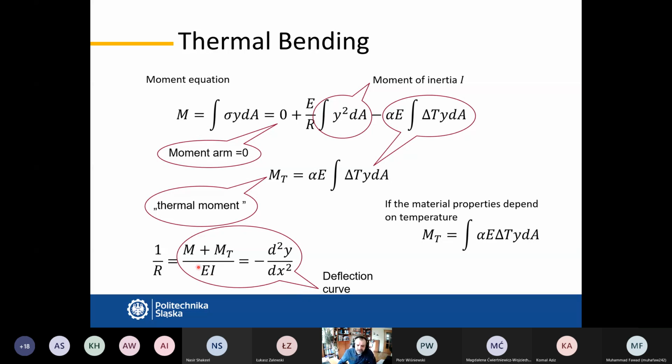So the deflection is governed by the product of the material property E times the cross-sectional moment of inertia, which prevents the rotational movements of particular parts of the beam.